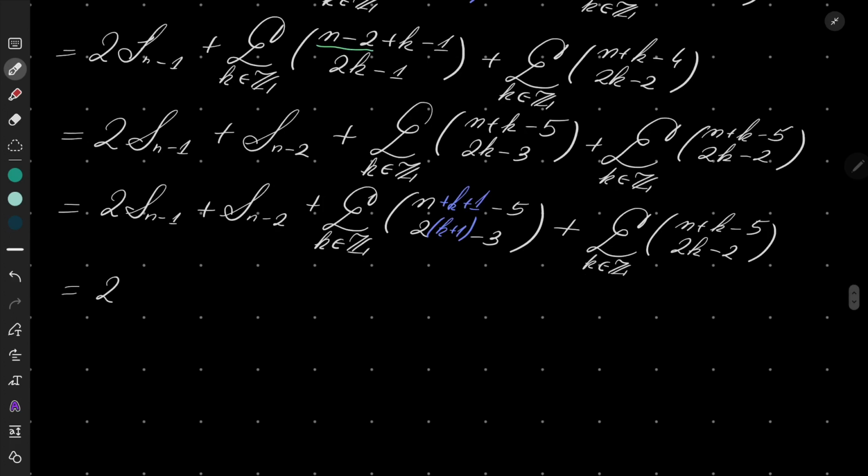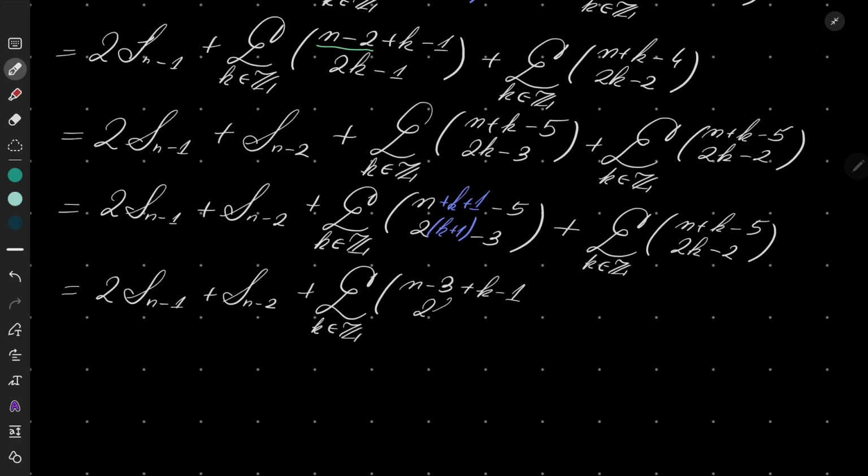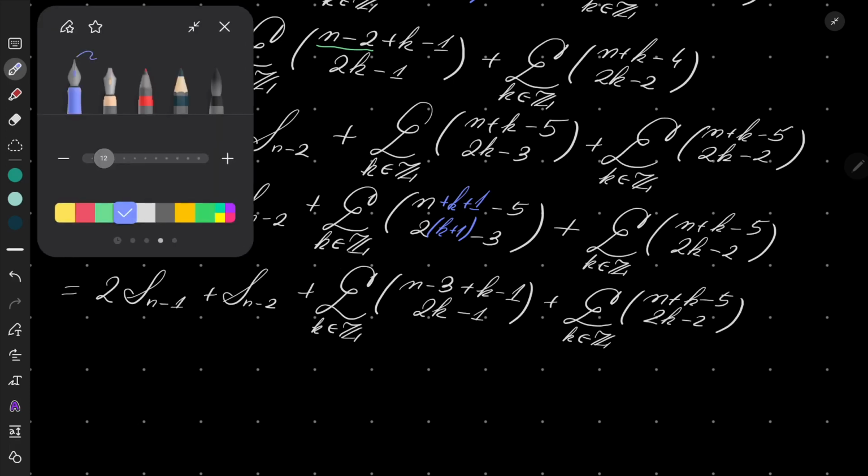And look, here I will have a sum which goes over all the integers, (n minus 3 plus k minus 1, 2k minus 1), plus this sum which goes over all the integers, (n plus k minus 5, 2k minus 2). Look closely.